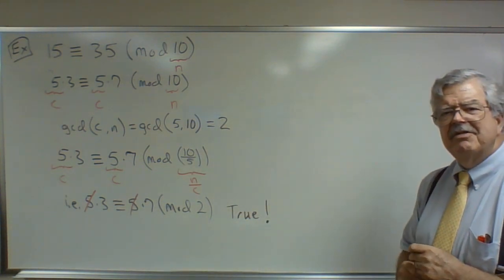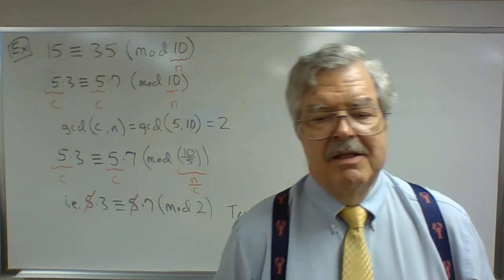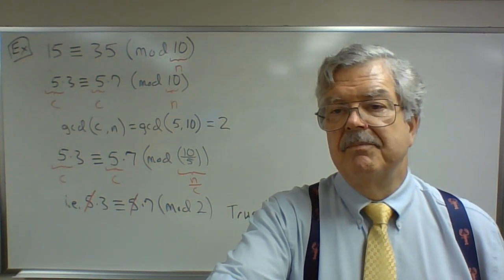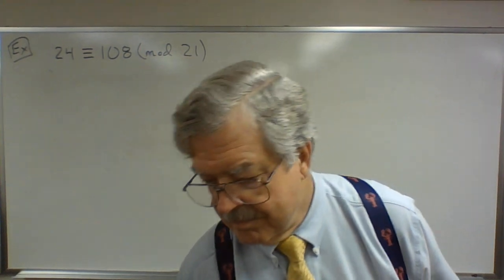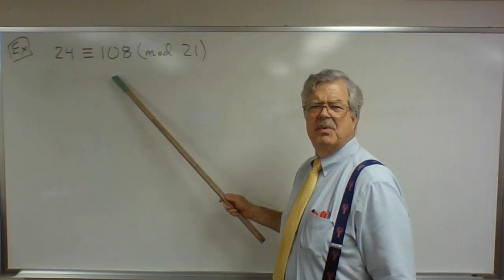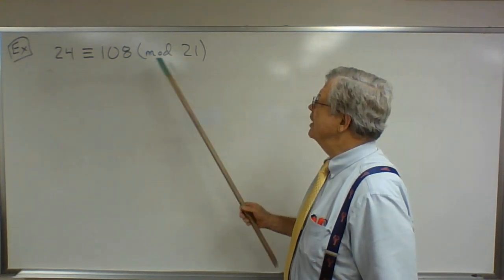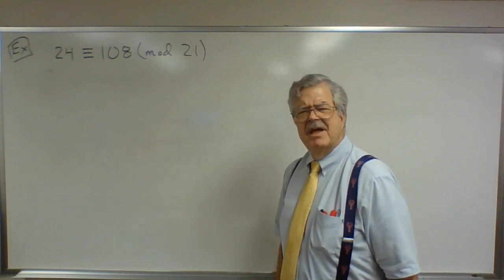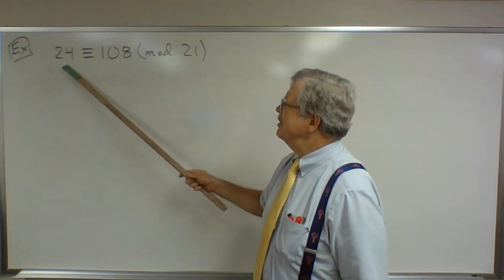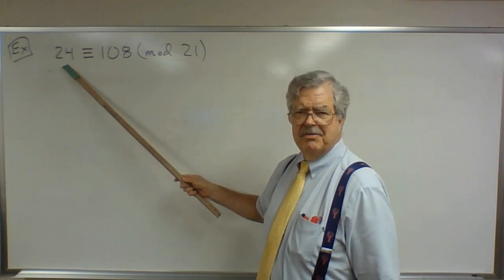Now let's look at another example that's not quite so trivial. It's not overly complicated, but it's not quite so trivial. 24 is congruent to 108 mod 21. Now let's see, is that true? 24 divided by 21 is 1 remainder 3.